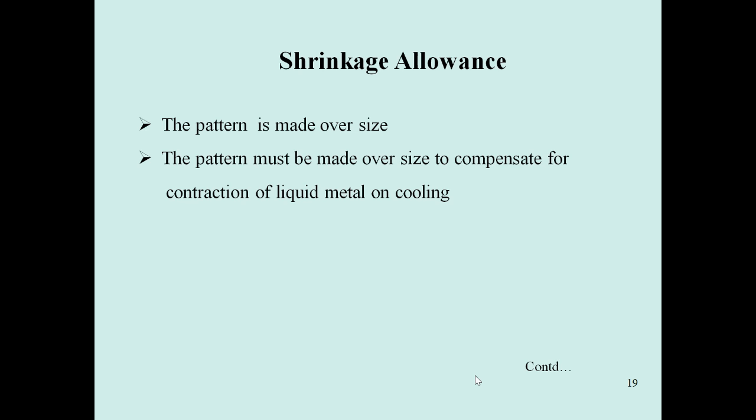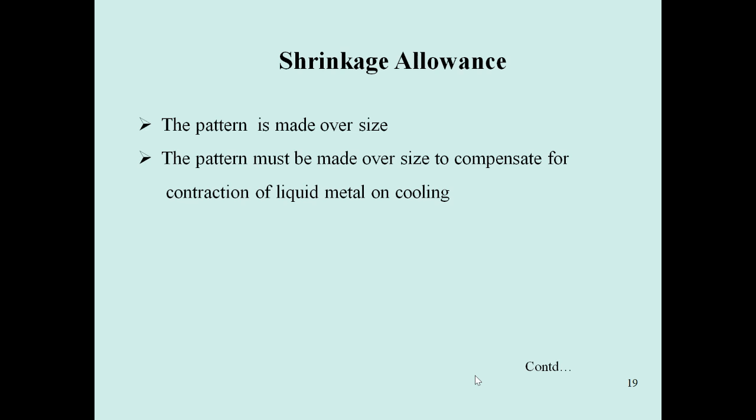First is shrinkage allowance. The pattern is made oversize. In shrinkage allowance, the pattern is made oversize of the cavity. The pattern must be made oversized to compensate for contraction of liquid metal on cooling.